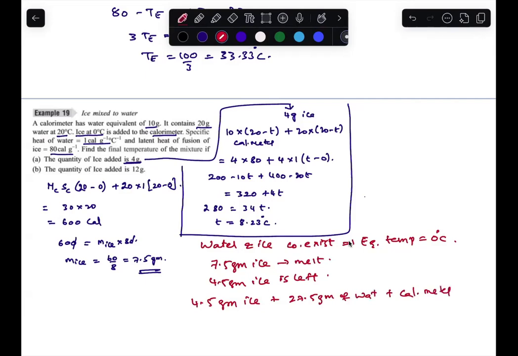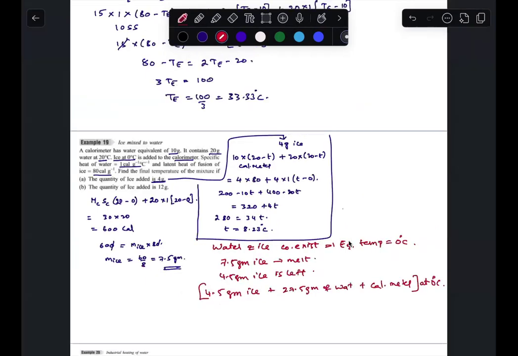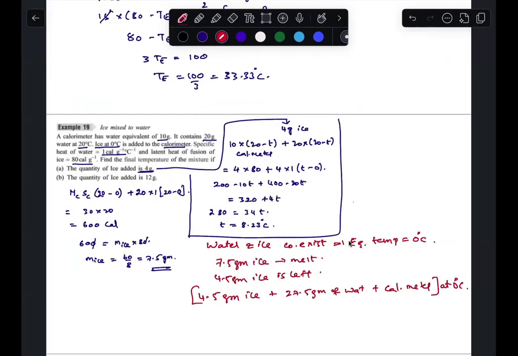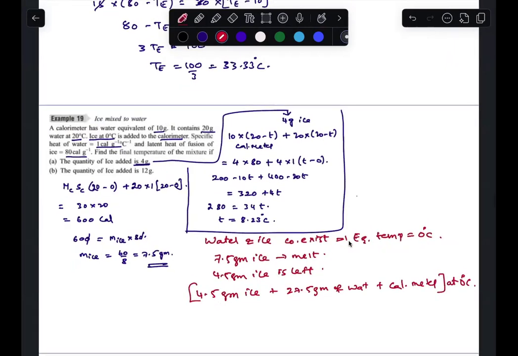All these at 0 degrees centigrade. That's the criteria. So in this problem, I have tried to explain the estimation of equilibrium temperature. Remember, I have gone for a trial method. Only then I have concluded what all my observations are.